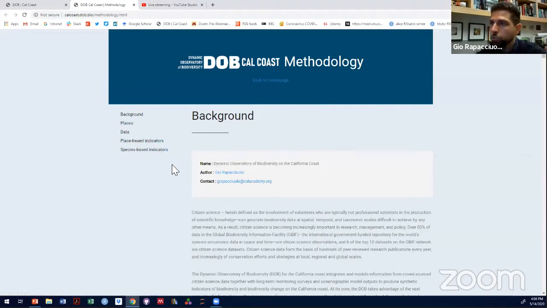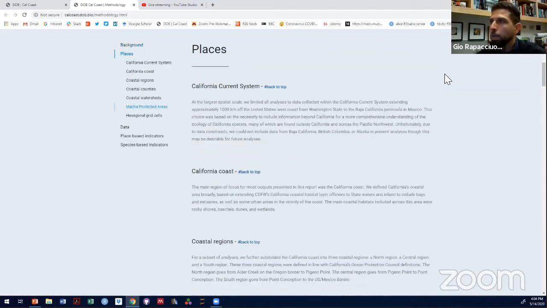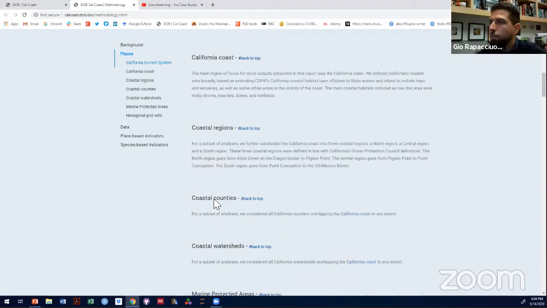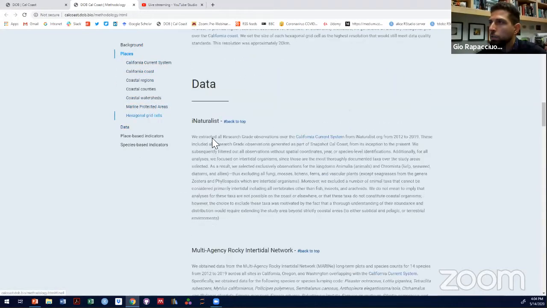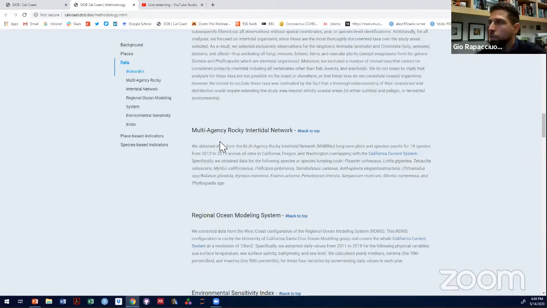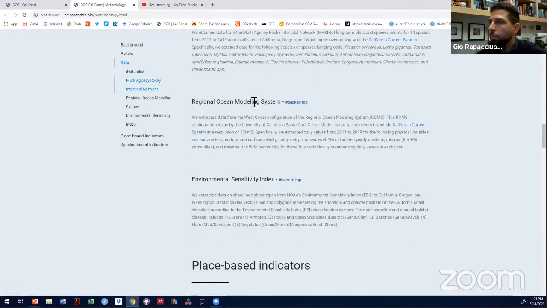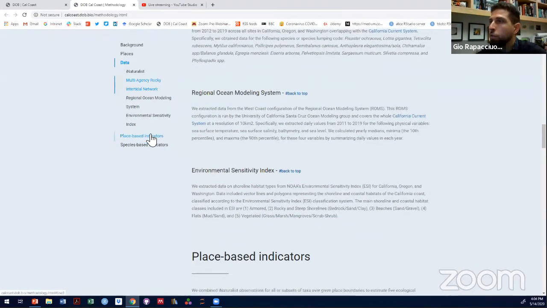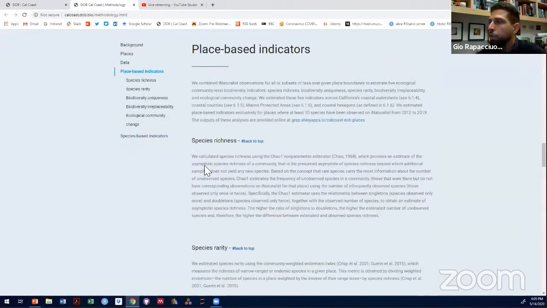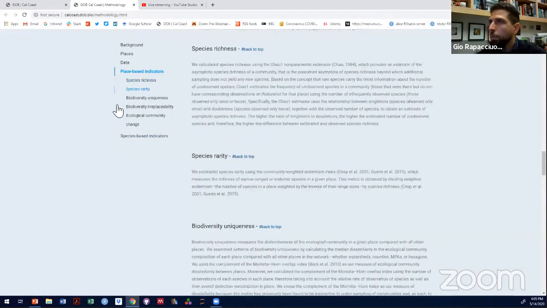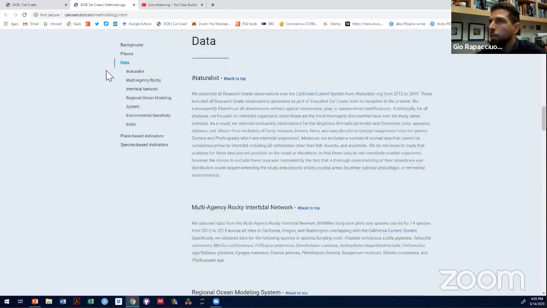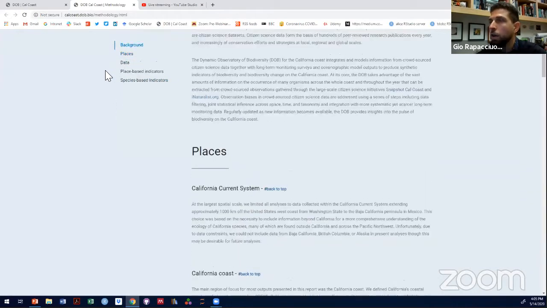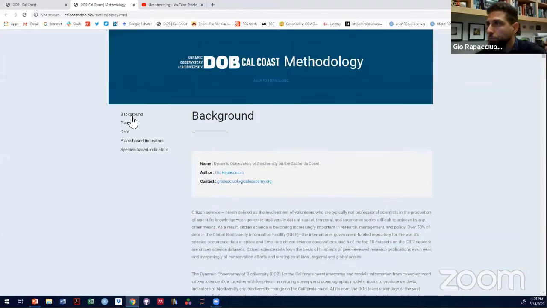So if you're interested in finding out the definitions of the different places that we've used, or if you're interested in finding out more about the data, iNaturalist, marine, or some of the oceanographic data and habitat data, or if you just want more detailed definitions and methods about the different indicators, I will advise you to come here and check all of that out.